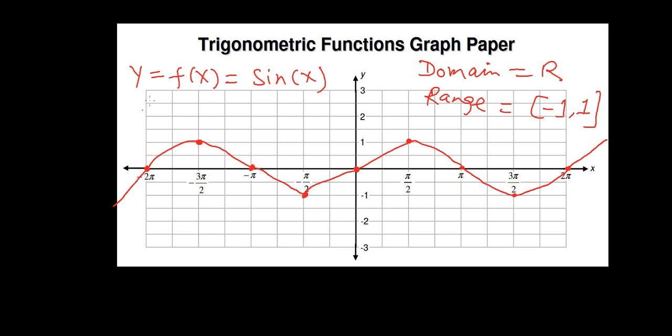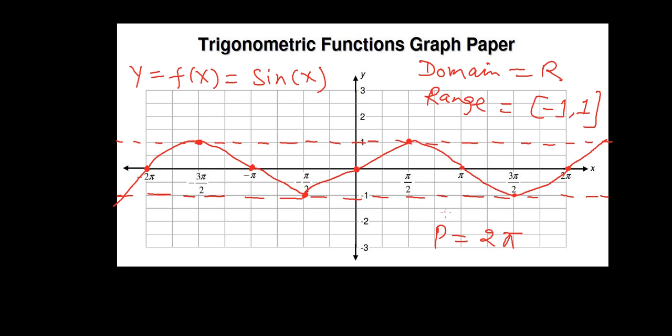You can check this point. Yeah, this is the point for the range. This is the line for the range. Okay, and the period of this function is 2 pi.